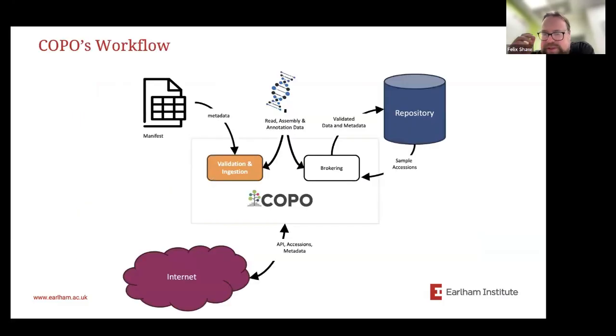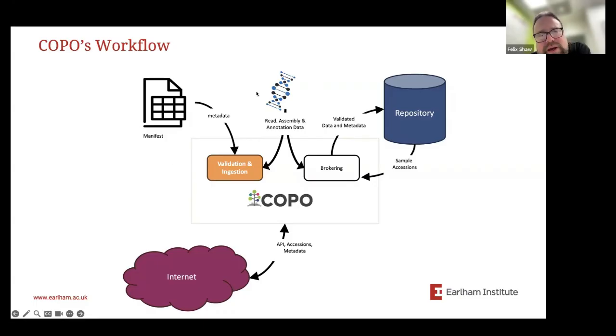So as a 1,000-foot view, COPO works something like this. So we have, for instance, read data, which can be easily uploaded into the COPO VMs. And we also have manifests, which contain this community-derived metadata.